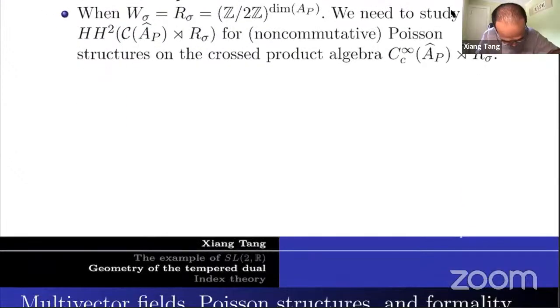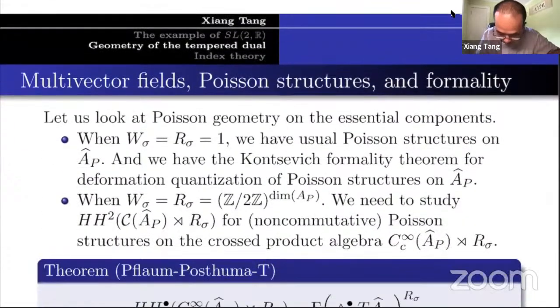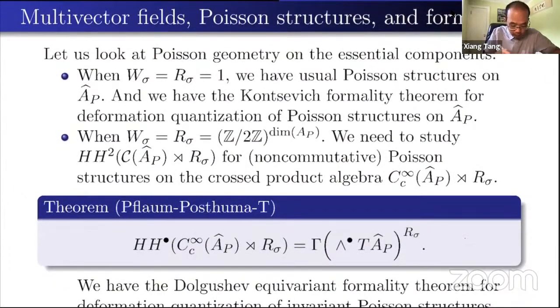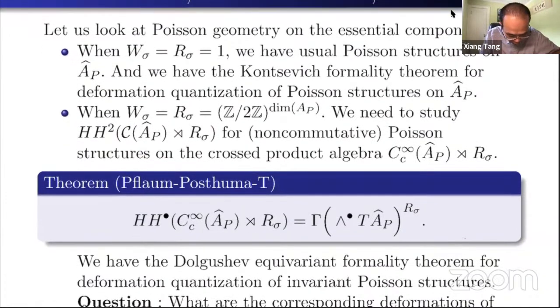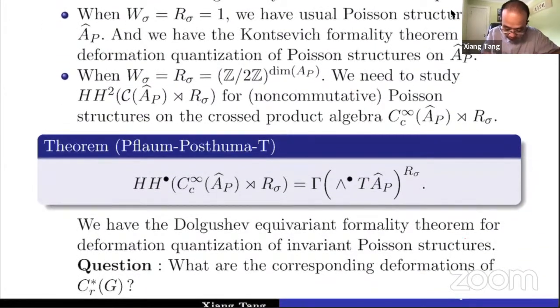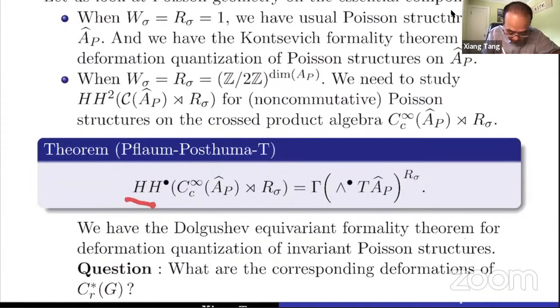And now what I want to say is, for this second part, for this cross product part, it's very nice here because of the structure of the groups. What we know is, if we look at the Hochschild cohomology, it is just invariant vector fields.